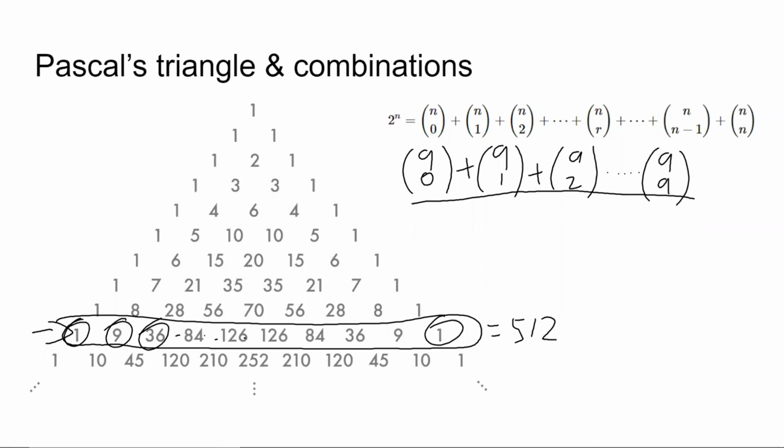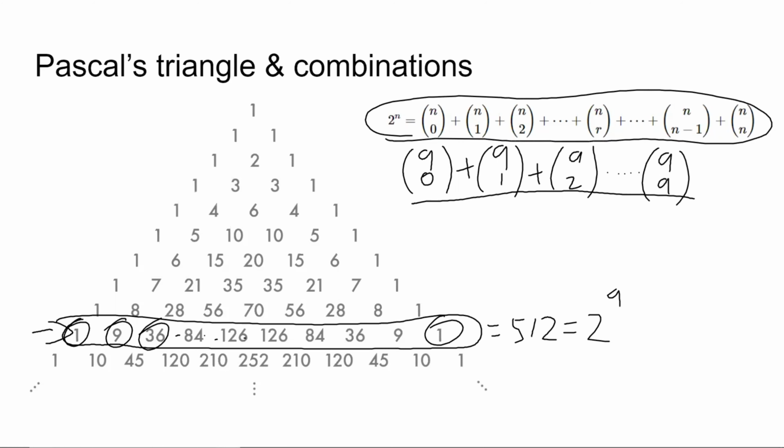But what do you know? 512 just happens to be 2 to the 9th power. Whoosh, it's magic. So that's an example of this equation. Can someone try to prove it in terms of grouping people together?